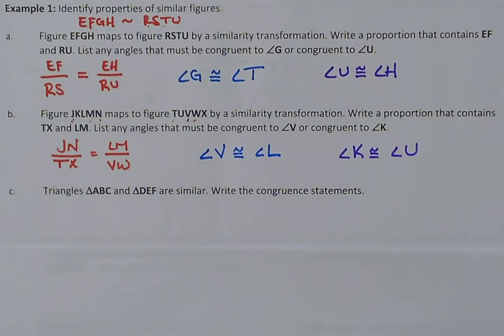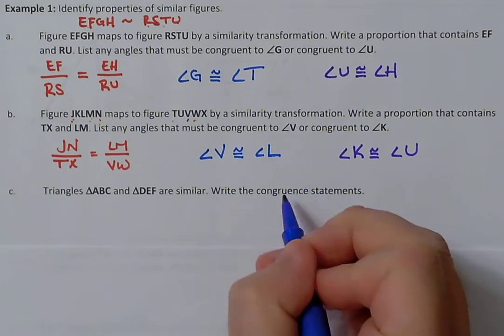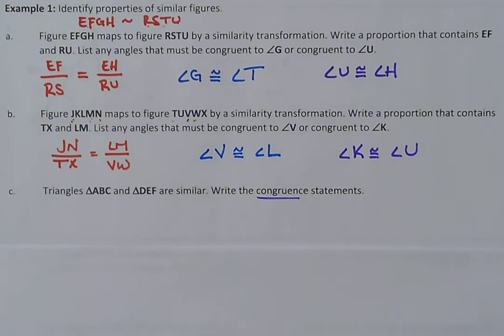So if triangles ABC and DEF are similar, what we know about similar figures is that corresponding angles are congruent and that corresponding sides are proportional. Because this wants the congruent statements, all we can deal with is the angle measures. If it wanted us to write the proportional statements, then we would deal with the side lengths.